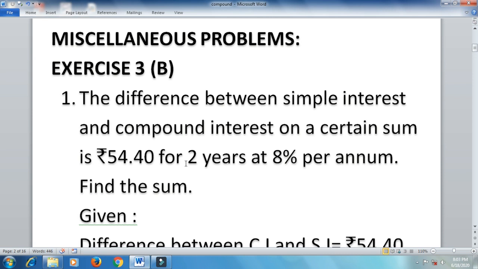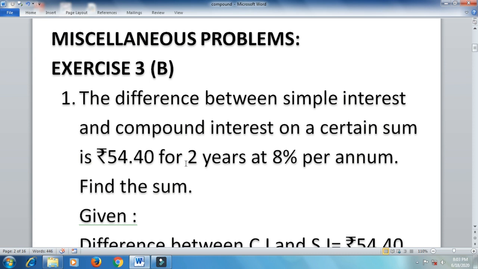The major difference is simple interest is calculated by using the formula PTR by 100 and compound interest is calculated by using the formula amount minus P. It is clearly said that the difference between the simple interest and compound interest is rupees 54.40. We already know that always the compound interest will be more than simple interest.